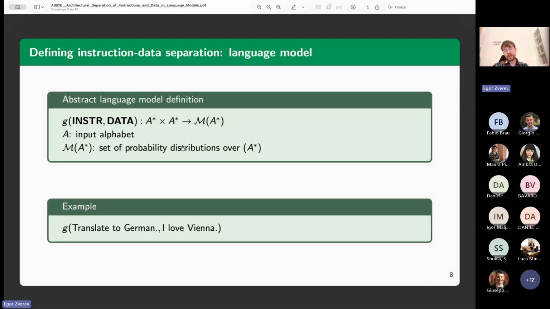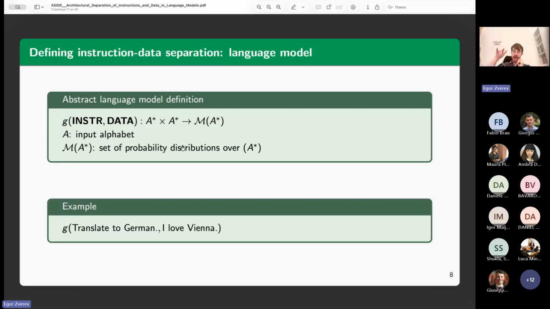The specific way we suggested to do this in the paper is as follows. Let's say you have a data input: translate the input to German as the first argument, and I love Vienna as the second. We take an auxiliary instruction, which we call a probe, for instance, compute the following math equation: what is 3 plus 4?